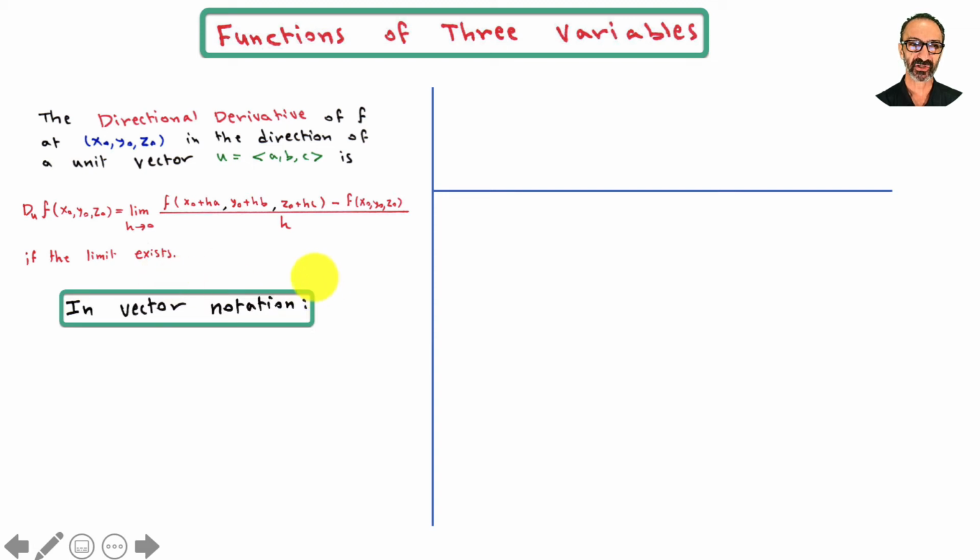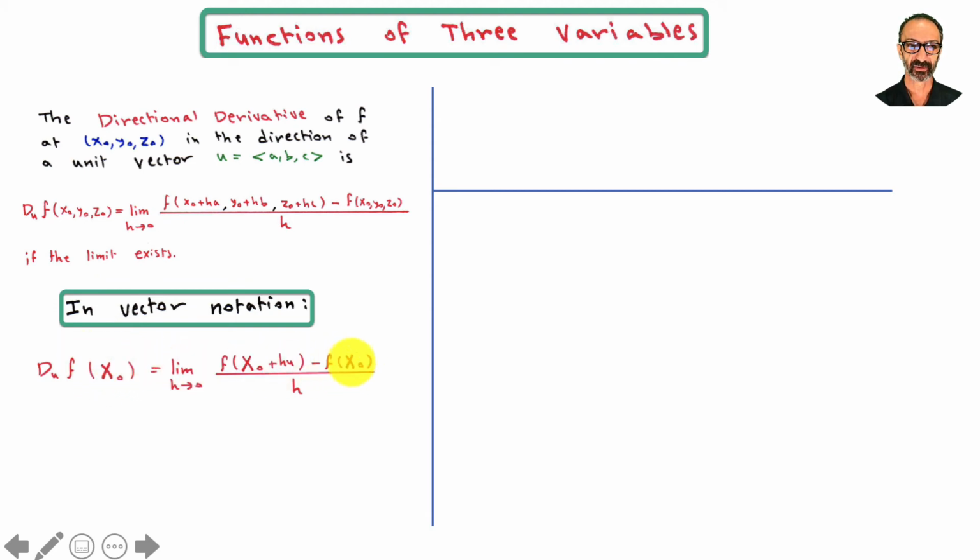In vector notation, because it's kind of lengthy to read, we just write the directional derivative of f in the direction of the unit vector u at x0. But if you notice right here, the font is bigger than those small x's. It represents a vector.